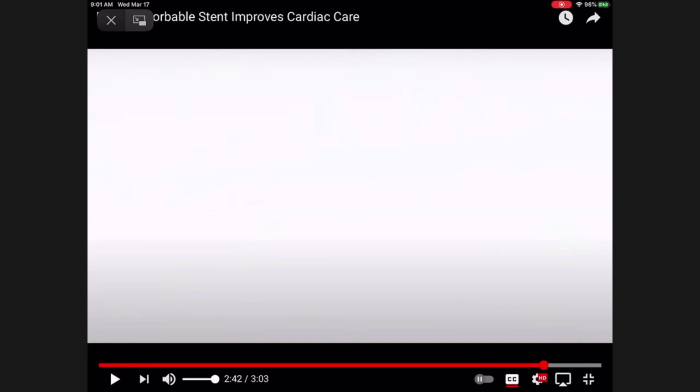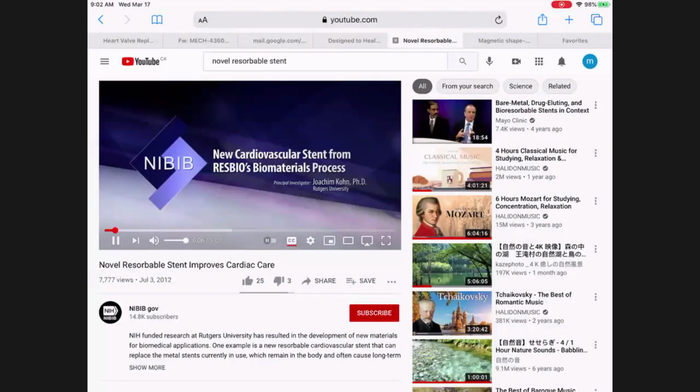Some byproducts after degradation cause patient issues, leading to some product recalls. If you search on Google, you can find the news. But in Europe right now, it is doing pretty well in the market and clinical application. So that's for the stent part.